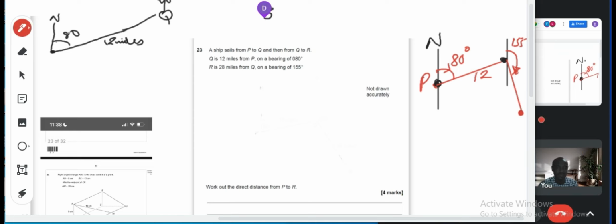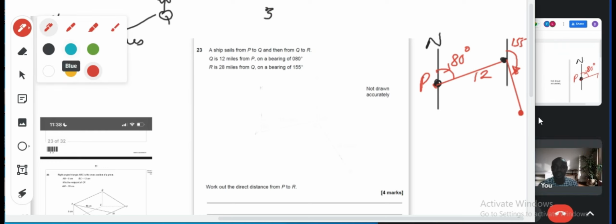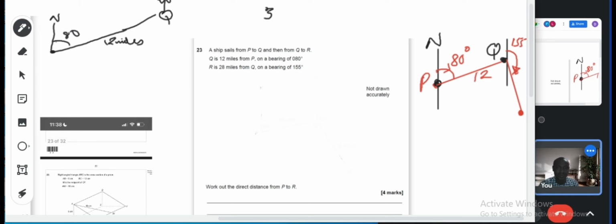This is now position what? Q. Position R. Remember, this place was actually Q. P to Q and then Q to R. Now here is now R. Oh, yeah. This is R.